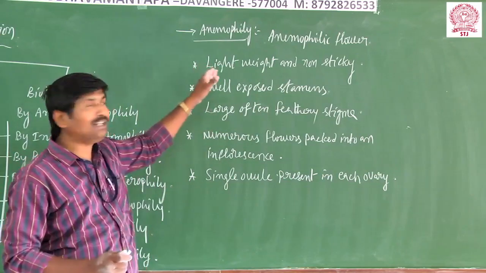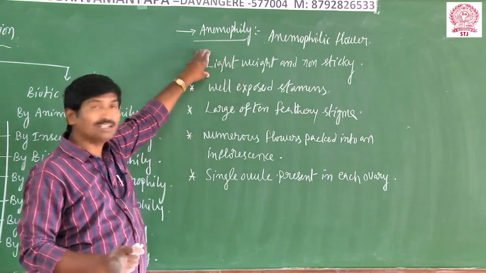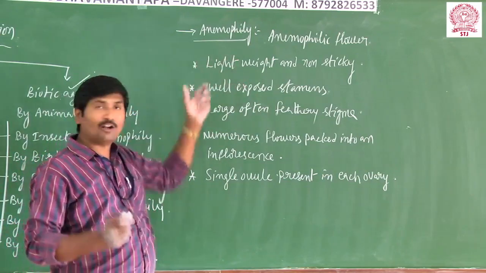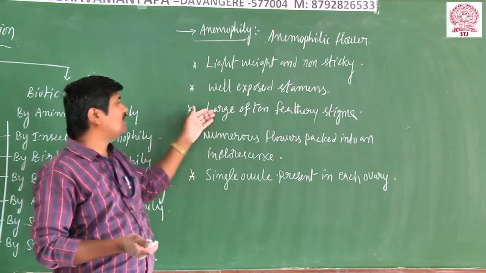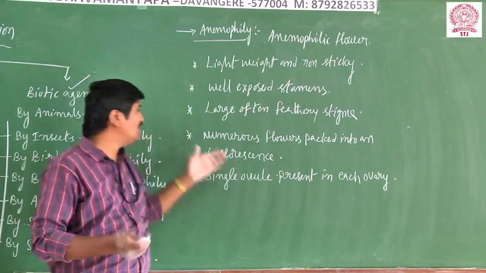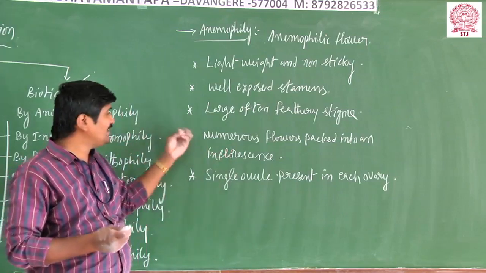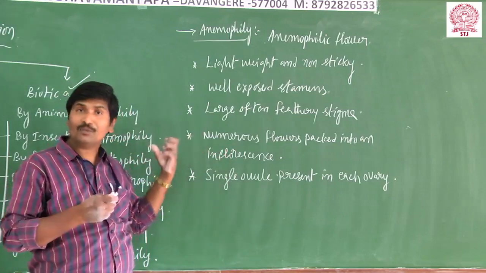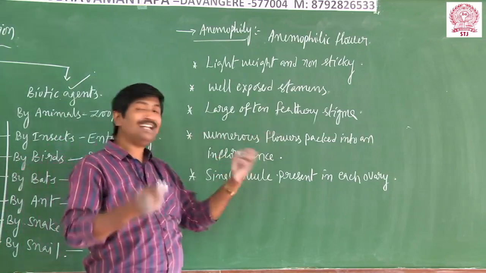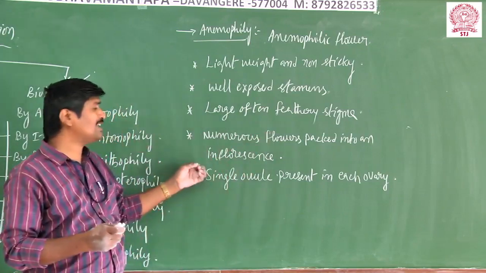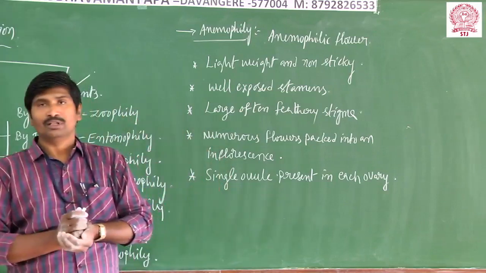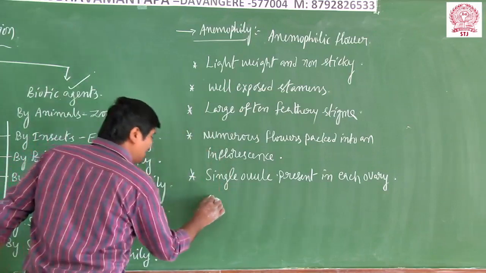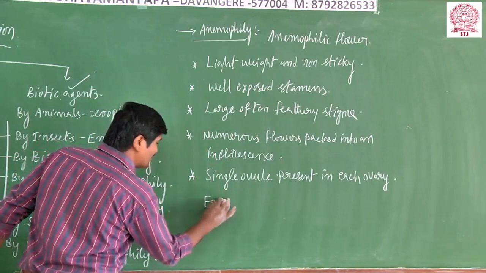What are the important characters of the anemophilic flower? The pollen grains are lightweight and non-sticky. The stamens are well exposed. The large upturned feathery stigma. Numerous flowers packed into an inflorescence, and a single ovule present in each ovary. It is most common in grasses.